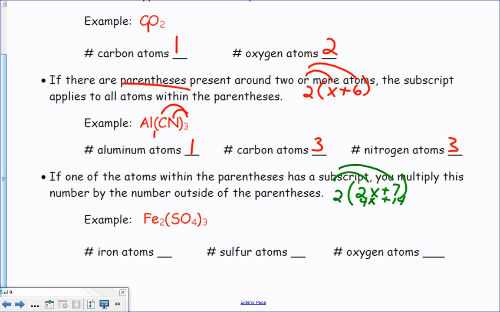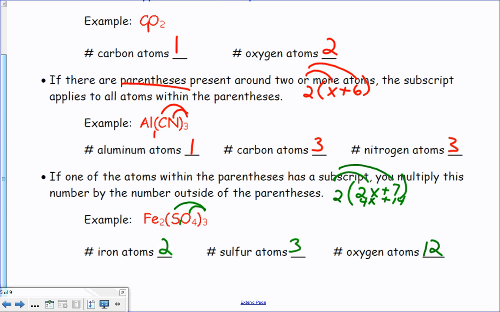So the same rules are going to apply here. Iron sulfate is this beast. I see the subscript of 2 after the iron, so there's 2 irons outside the parentheses. Then I'm going to distribute the 3. So remember there was a little 1 here on the sulfur. 3 times 1 is 3. And then 3 times 4 oxygens. 3 times 4 is 12.